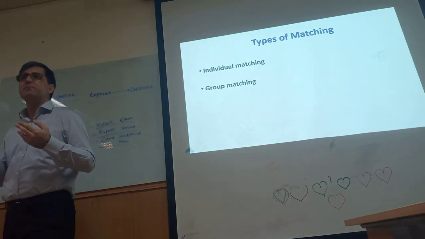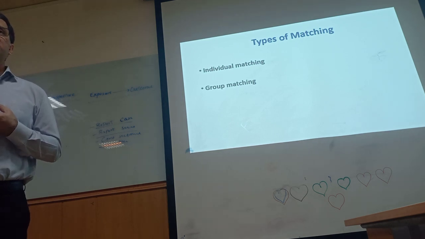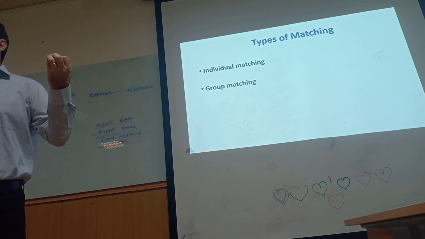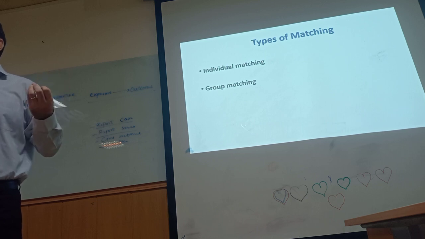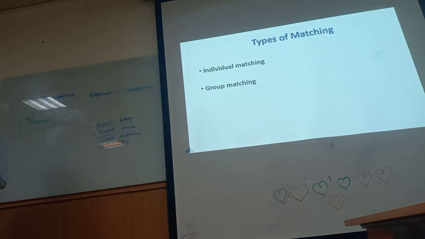Individual matching is actually selecting one or more than one control for each case, which is exactly identical in terms of that matching variable, for example, in terms of age. If we select, for example, a man of 50 years old as a case, we would select a man of 50 years old as its matched control.